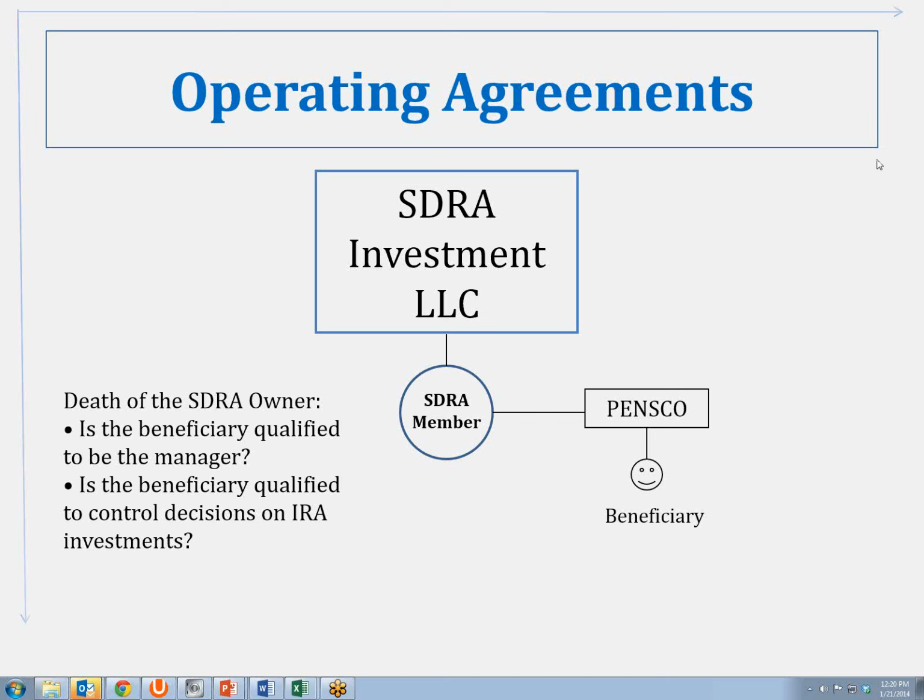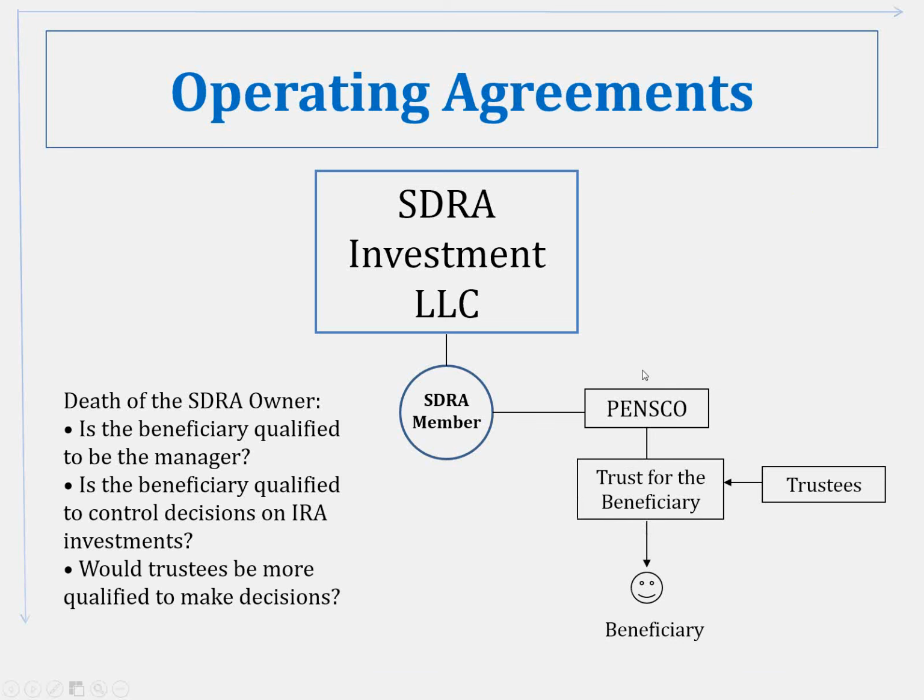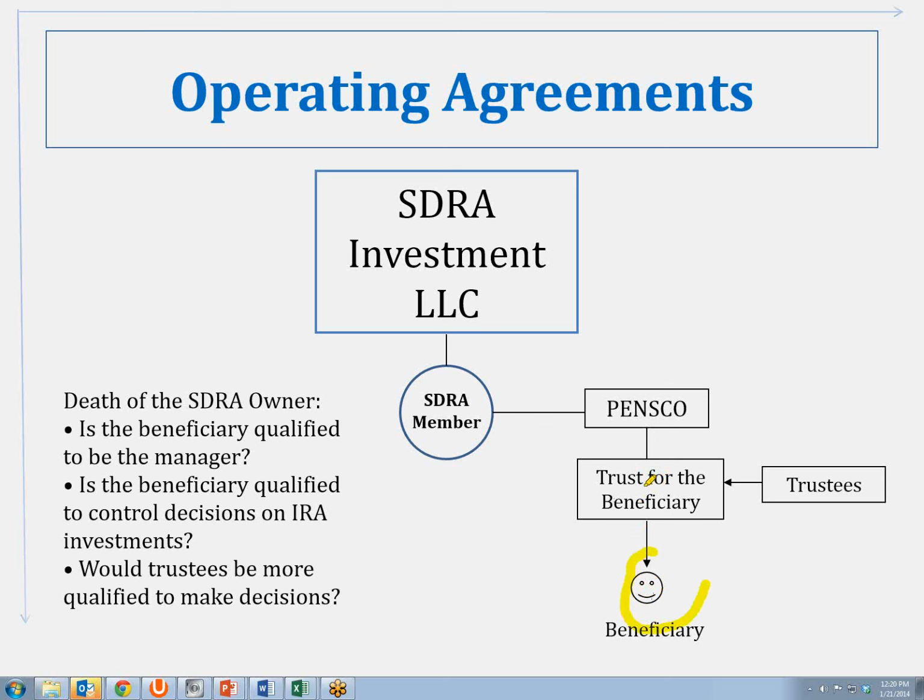So what happens then if we have a trustee in the middle? Here's the situation for a self-directed retirement account. We've created a trust for the beneficiary, and the trust is the beneficiary for the retirement account. And here we have an individual beneficiary, so we know the trust is invisible as far as minimum distributions are concerned. So let's say this is a minor down here as a beneficiary.